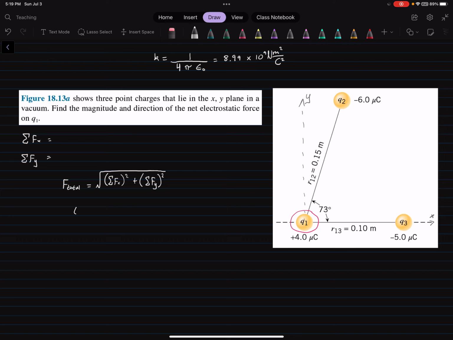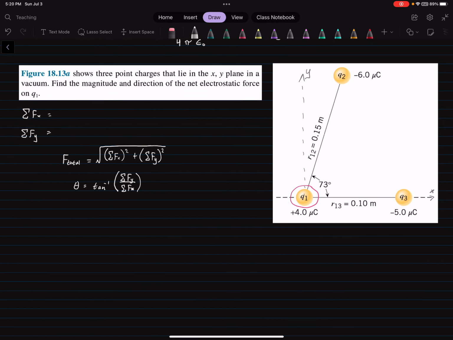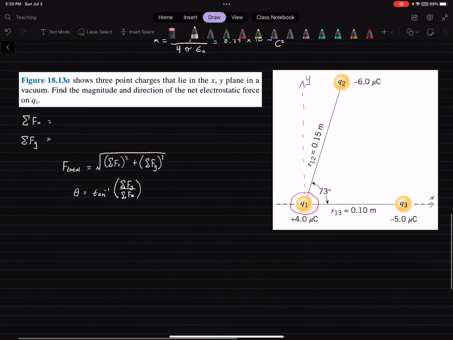And then we can find the direction that it points relative to the x-axis by taking the inverse tangent, just like we would usually do, of the sum of the forces in the y over the sum of the forces in the x, right? So that's generally what we're doing. So now let's find all of those sums of forces.